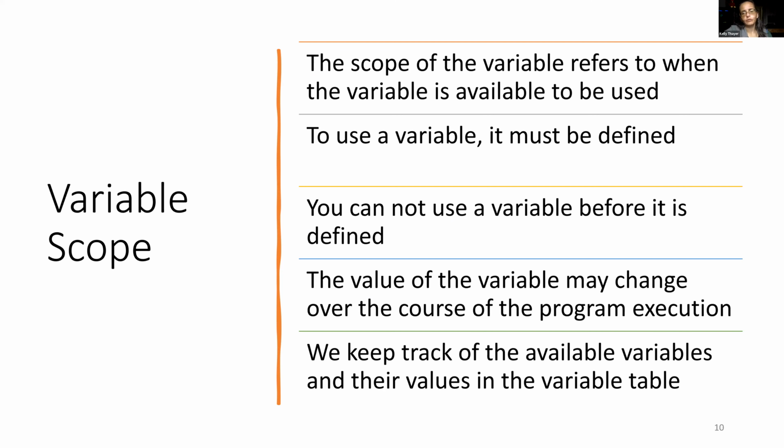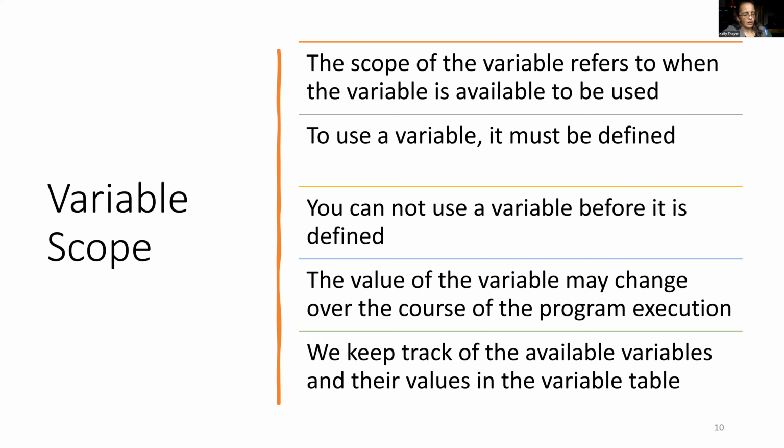To use a variable, first of all, obviously you have to define it. If you haven't defined your variable, you're not going to be able to use it. You cannot use a variable before it is defined. You'll get an error. The value of the variable may change over the course of the execution of the program, which makes sense. Because if you could never change the value of the variable, then how would you ever get anything done with your programs?